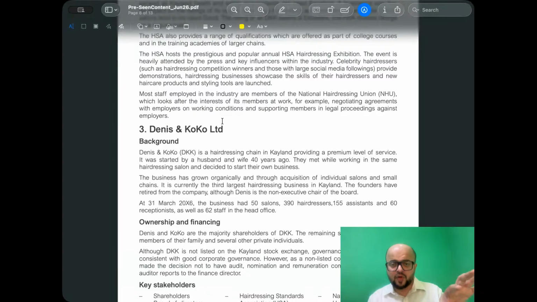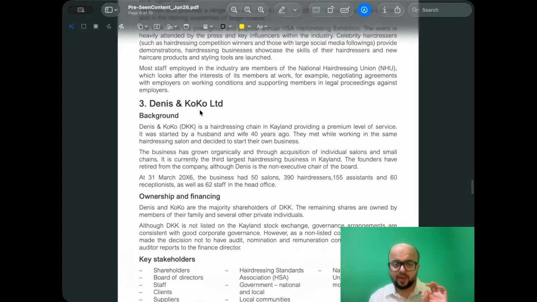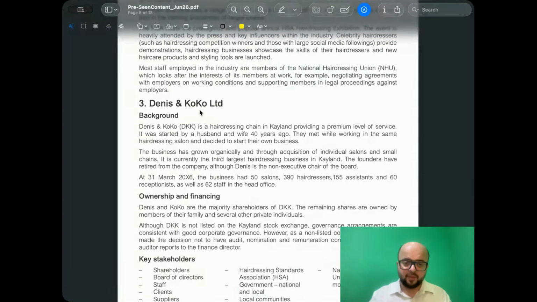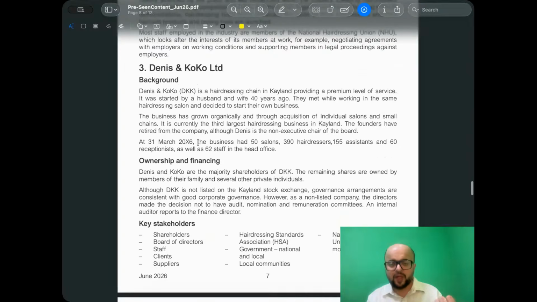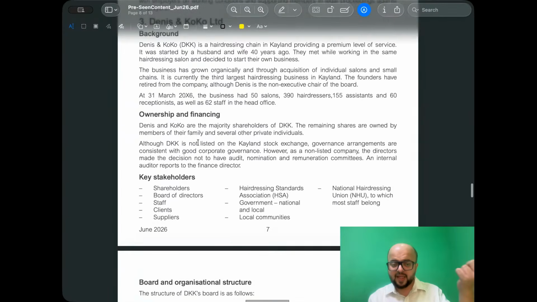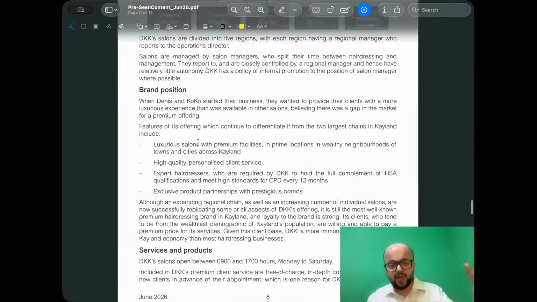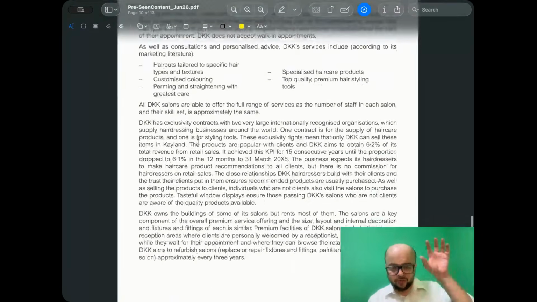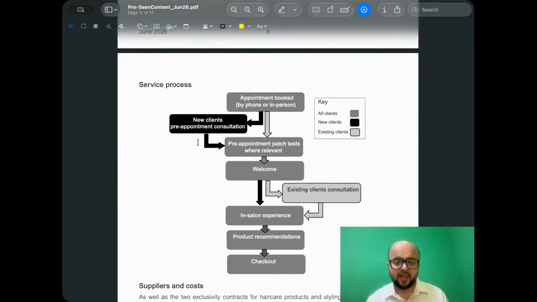Now, of course you have information about Dennis and Coco, which is our specific company. You will get to know about the extent and the spread of their business. Where exactly are they located? How many branches? What is the staff member breakdown and everything? You will get to know about ownership and financing, key stakeholders, board, brand position, services and products offered by this specific entity.